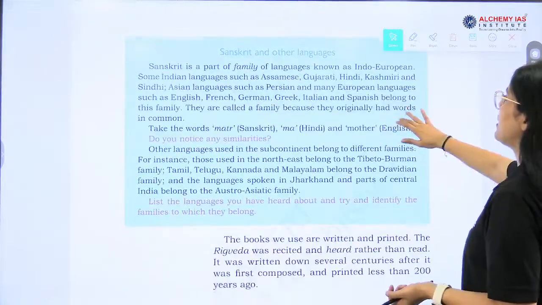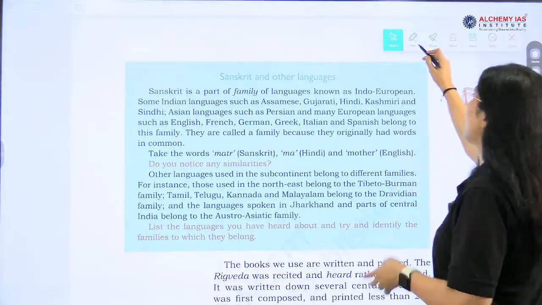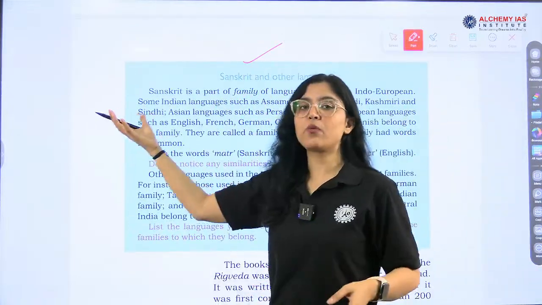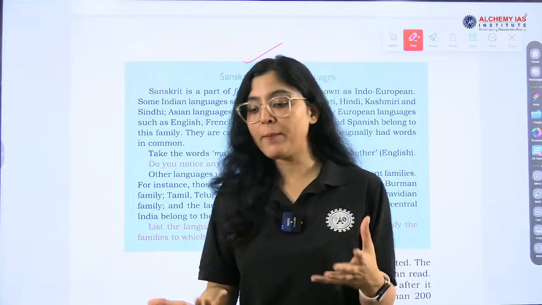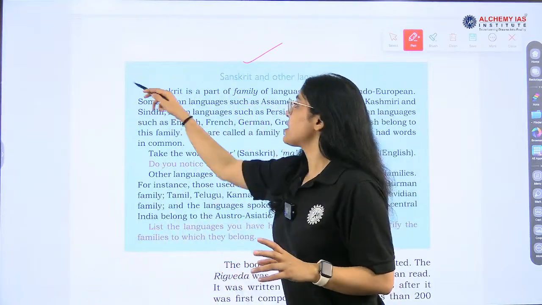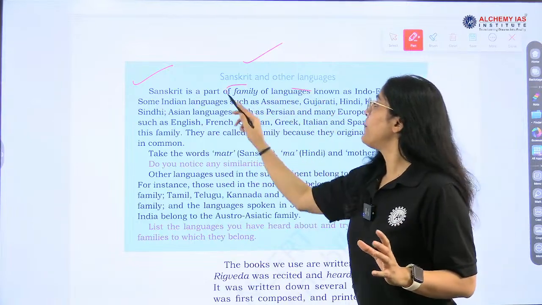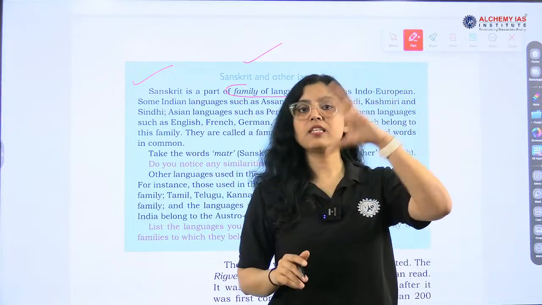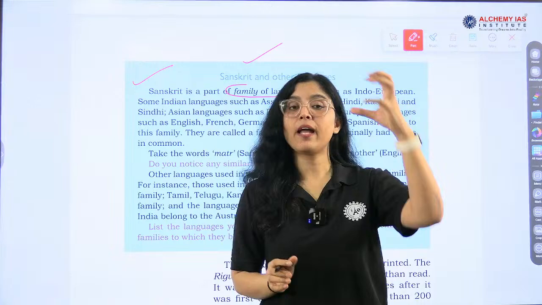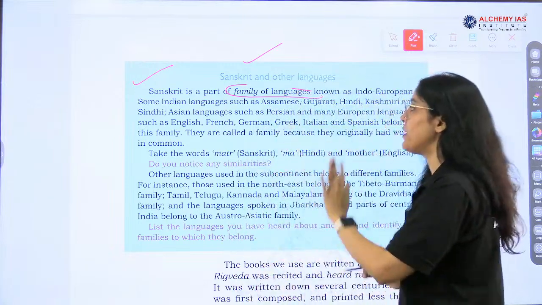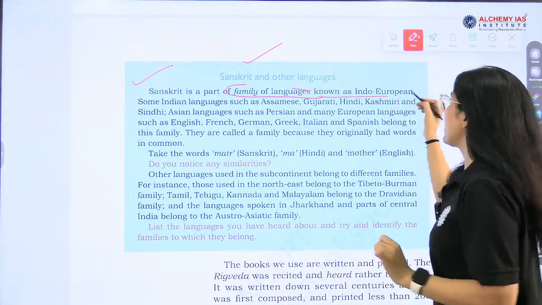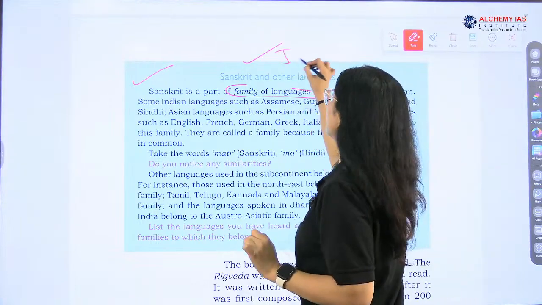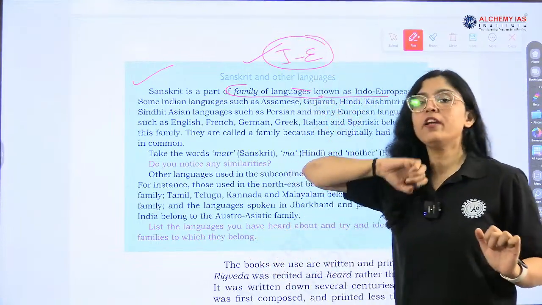Sanskrit and other languages, what do we know about these languages? Do they belong to a family, right? Sanskrit is a part of a family of languages, and there are other languages also in that family. What are these languages? This family is known as the Indo-European family.